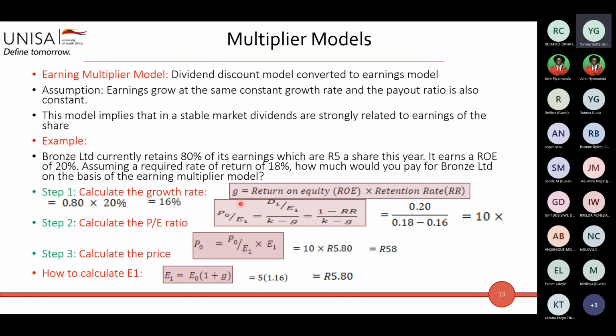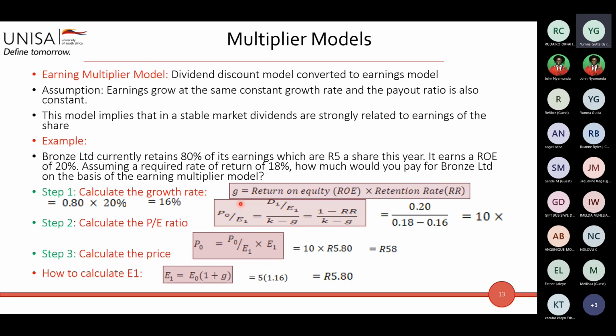So now another version of the way in which you will be asked to calculate the dividend growth model is they will ask you to use your earnings multiplier model. You'll find this in chapter 9, study unit 8, if I'm not mistaken. I'm not so good with these study units, but you'll find it there. The dividend discount model is converted into an earnings model.